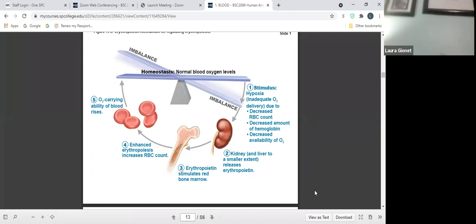So there are many different reasons, or etiologies. It could be from blood loss due to hemorrhage. But in any event, the oxygen levels are low. You secrete erythropoietin from the kidneys. It targets the red bone marrow. Red bone marrow starts putting out into circulation more red blood cells that mature and ultimately transport more oxygen, and therefore increase your oxygen level in the blood.